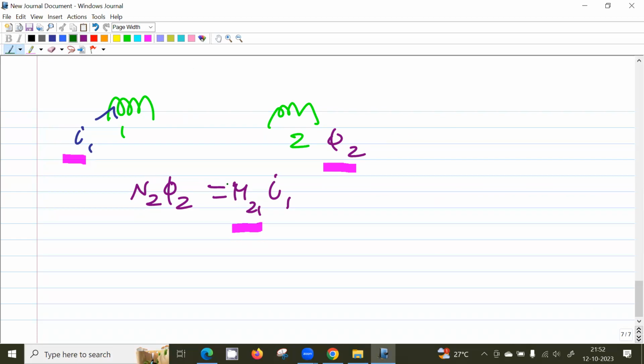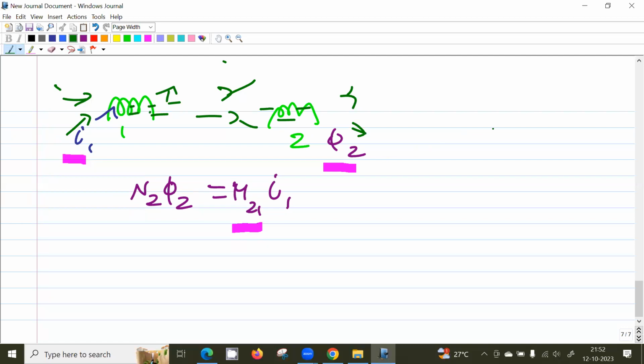Basically, this is a solenoid, so the magnetic flux can come out like this. This is like the north pole of a magnet. The field lines will go like this and come back like this. So some flux will pass through this second coil.